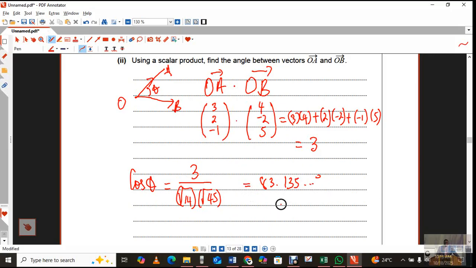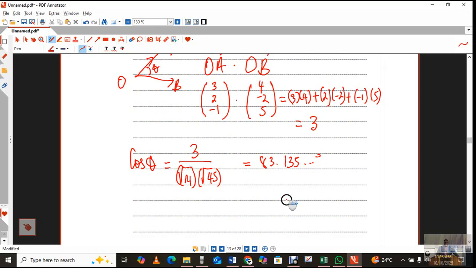Right, so angle OAB is equal to 83.1 degrees to 1 decimal place.